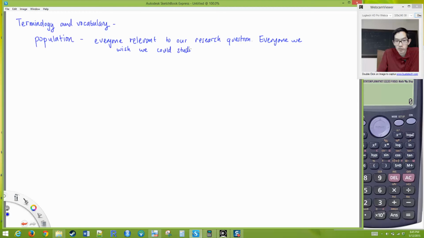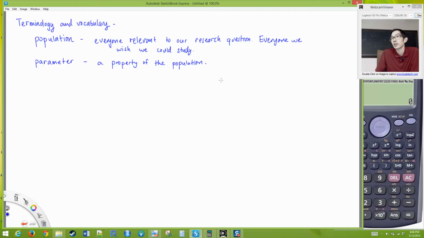Okay. And generally, the population has something called a parameter. A parameter is a property of the population. At the beginning of class, when I introduced this topic, I called it the quantity of interest.